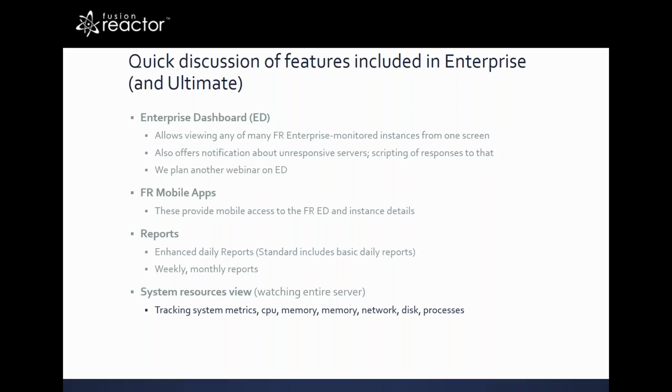So lots of great information, various system metrics at a high level about your whole server, which can be very useful because sometimes problems you have in the instance that you're interested in turn out not to be because of the instance, but because of things happening on the box. And the instance is suffering and is the victim of something else. So this is valuable to be able to see what's going on in the whole system.